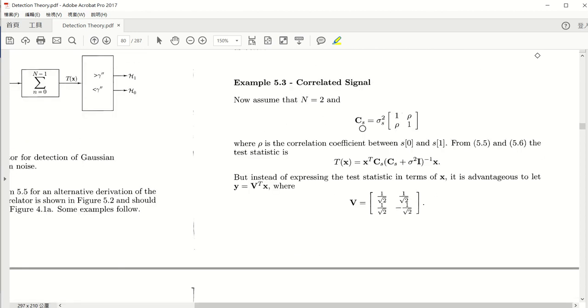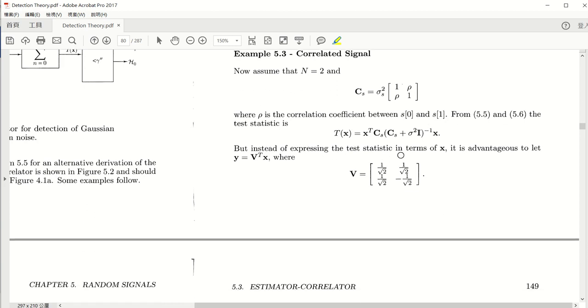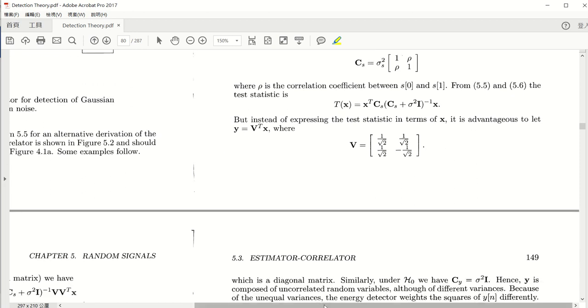Then if it's a correlated signal, I will go quickly. If it's a correlated signal, then we will have to assume Cs equal to sigma s squared times a matrix with the correlation part, which is not a white signal anymore. It's a correlation coefficient, and then the test statistic is something like this, right? And then instead of expressing the test statistic in terms of x, it's better to let y equal V transpose x, where V is equal to this.